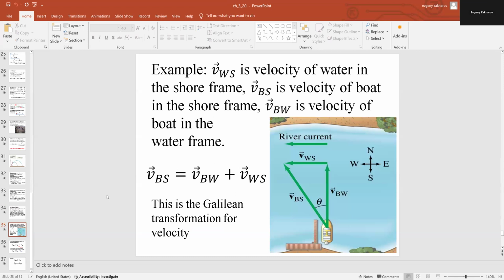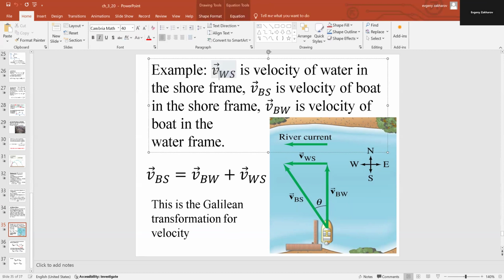This is a classic example that should clarify what I'm talking about. You got velocity, and the first subscript represents the water, and S means the shore, so the ground. The ground that is not moving anywhere.